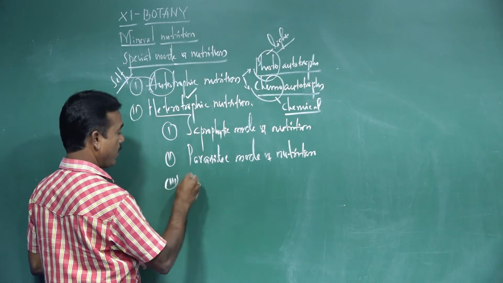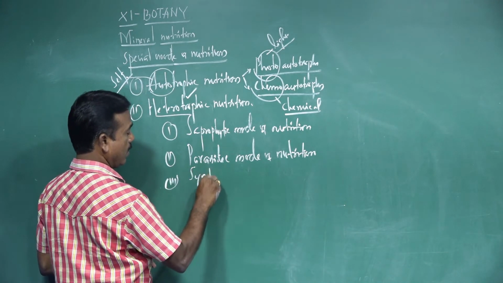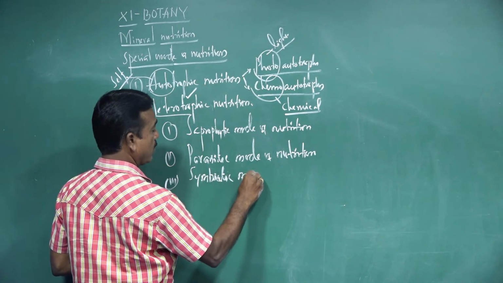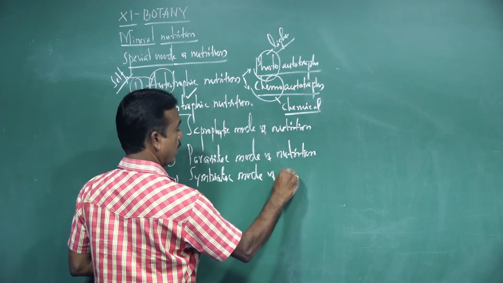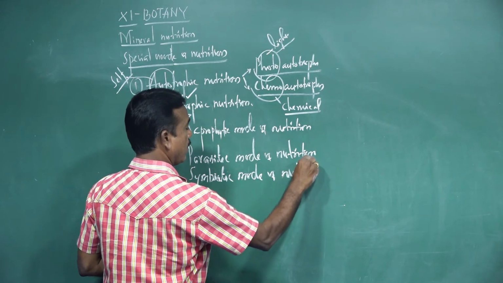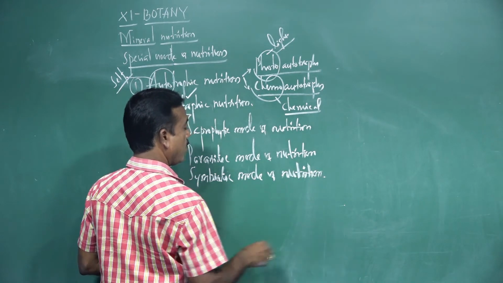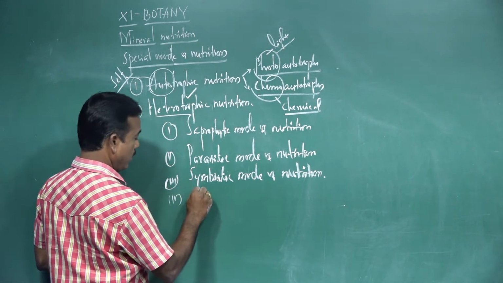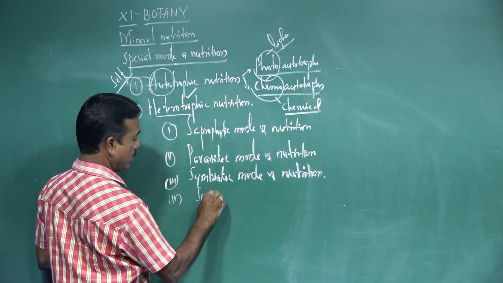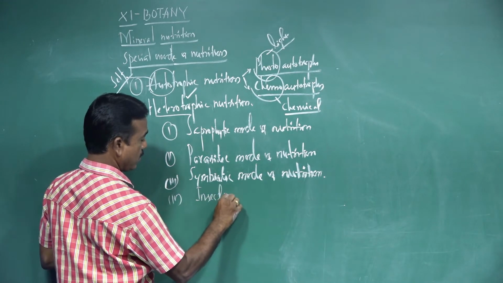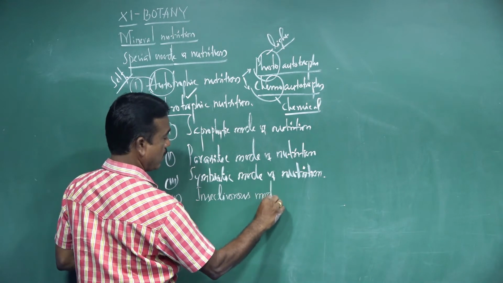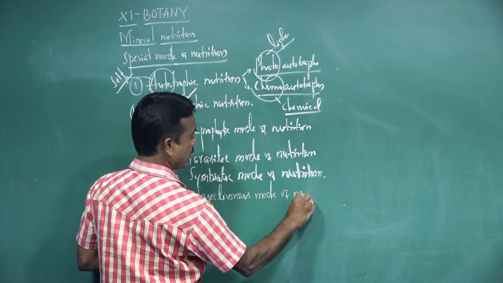Third one, symbiotic mode of nutrition. Fourth one, insectivorous mode of nutrition.